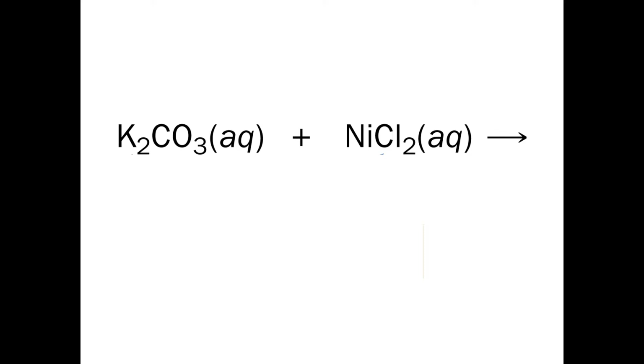First of all, consider the reaction that we considered before, potassium carbonate. You should take your time with this. Here's potassium. It's a group 1 metal. And here's carbonate. We looked this up in table 3.4.